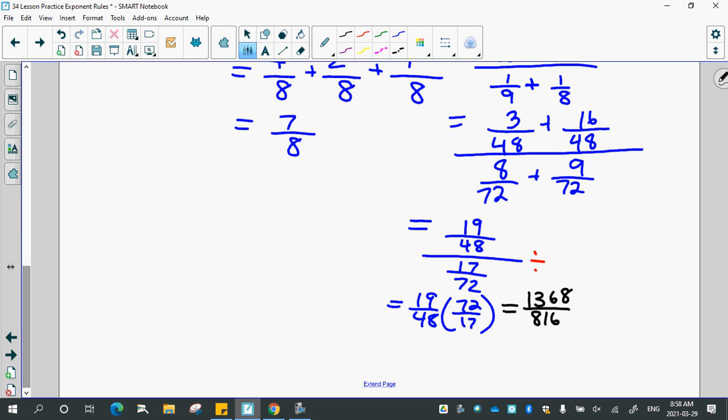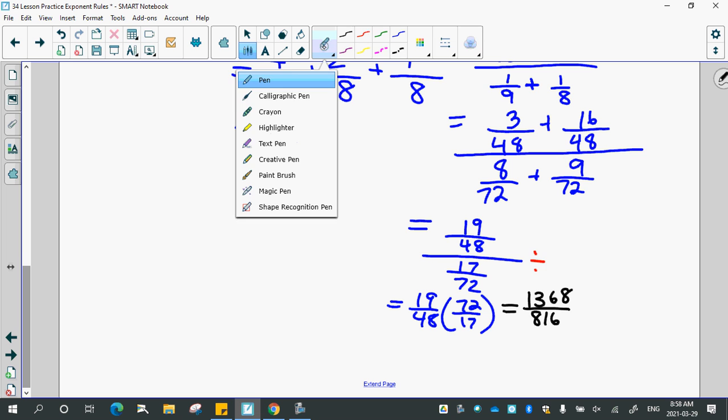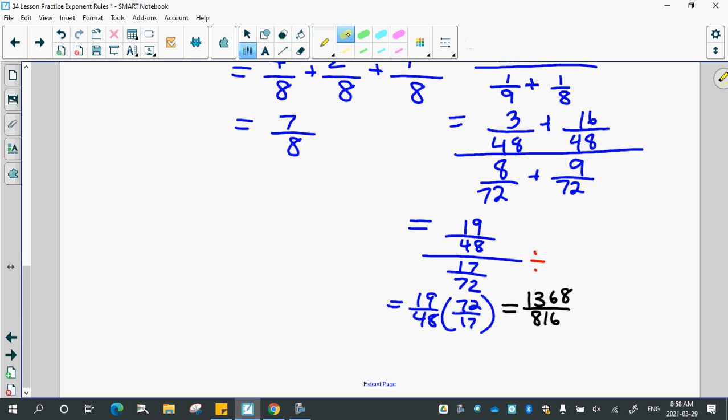Okay, when I'm deciding how to reduce it, I'm looking at the 72 and the 48, one being on top and one being on the bottom. Because 19 and 17 are prime, they can't be broken down any. So I'm looking for the biggest thing that divides evenly into 72 and 48, and I believe it's 24.